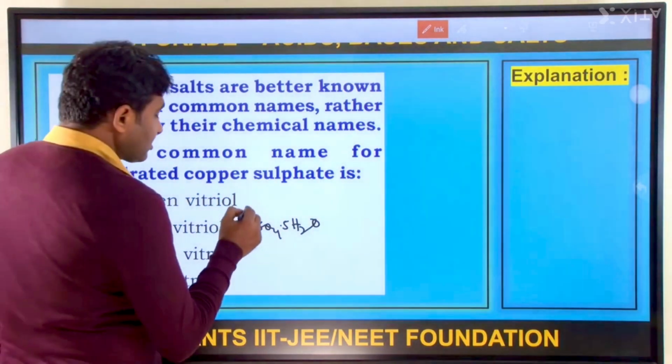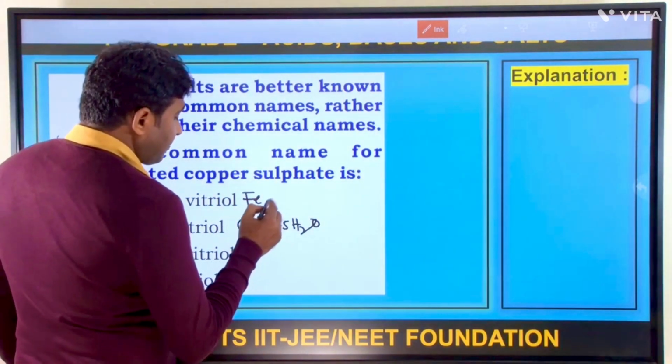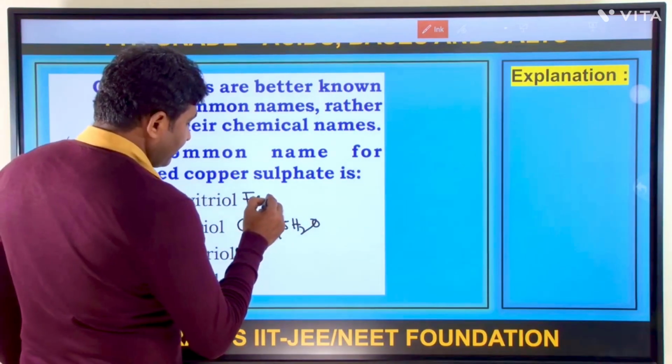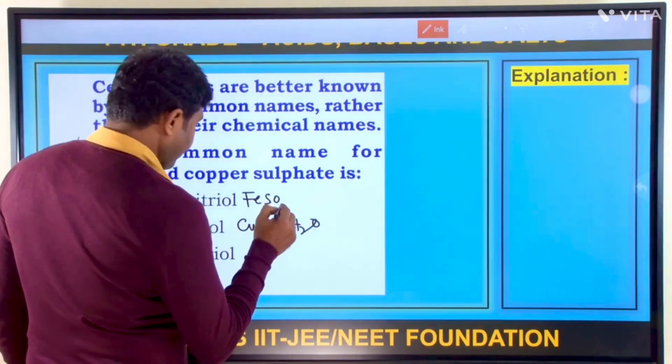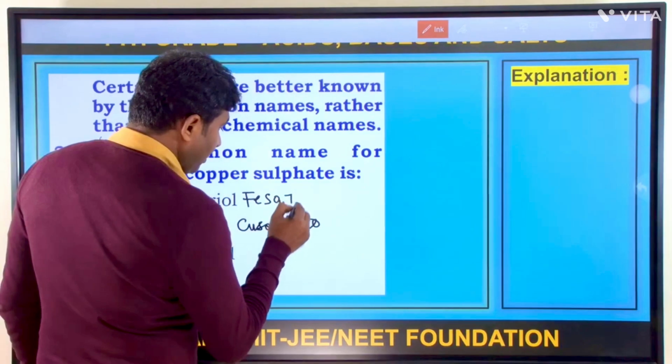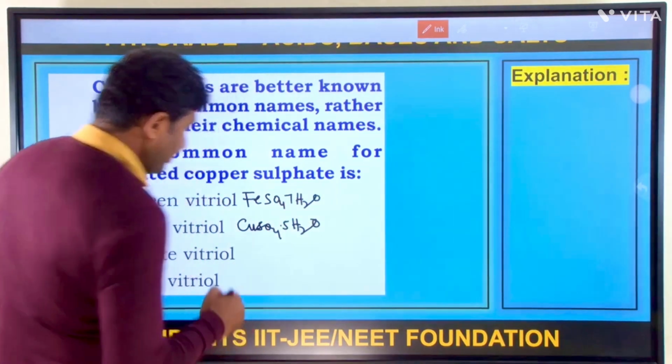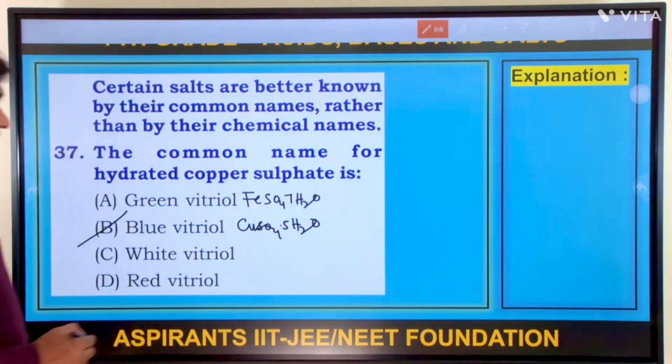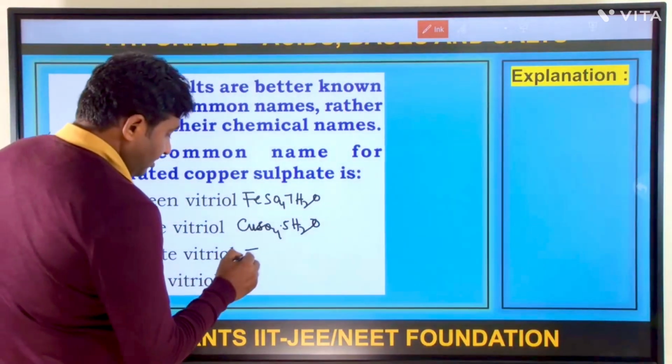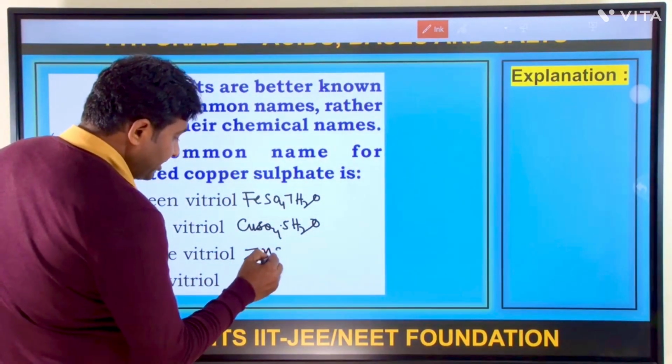Green vitriol means heptahydrated ferrous sulfate. White vitriol means heptahydrated zinc sulfate.